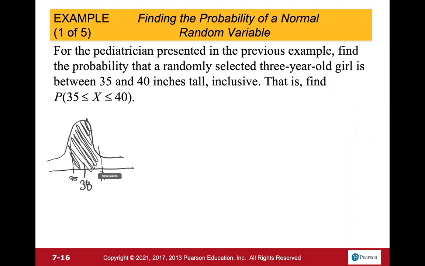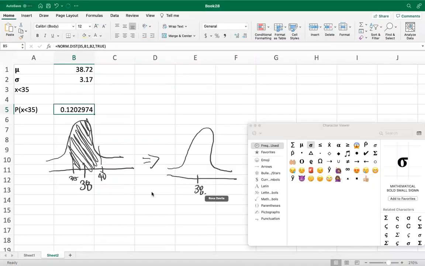In order to get that, we first have to find 40. The mean was 38.72.